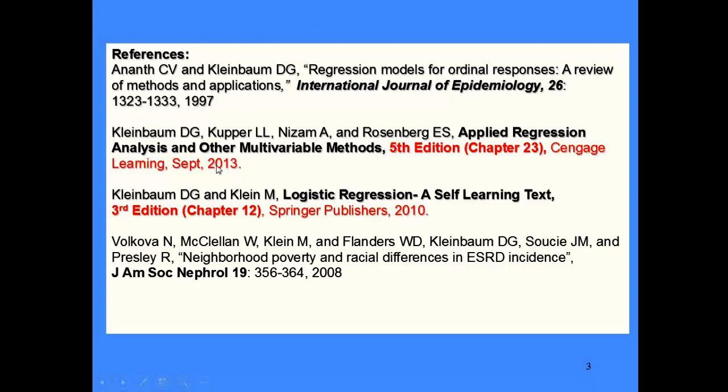In the textbook that you had last semester, by myself, Larry Cooper, Nizam Rosenberg, there's a chapter 23 in there, which actually talks about polytomous and ordinal logistic regression, and the polytomous one does it in the context of this Volkover study, the study that was done.